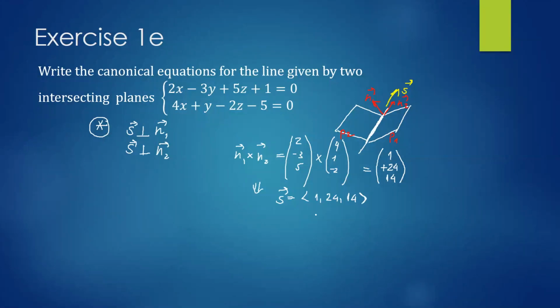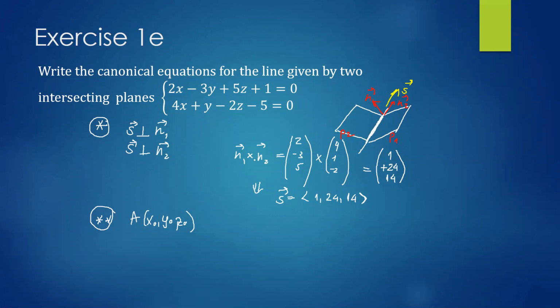Now we have the direction vector. We need one point. So the direction vector is done. Now the next part, we need a point. We need the point A, x0, y0, z0. We have M and P, but we don't have a point. So we can now choose any particular solution of that system.